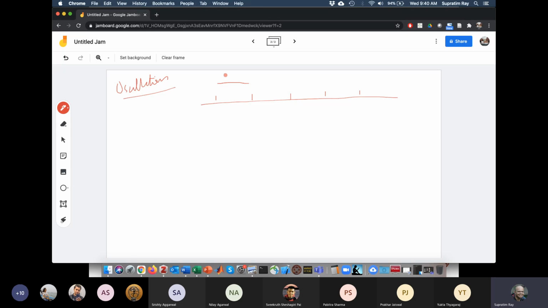So this is 25 milliseconds. What is the autocorrelation function going to look like? What do you guys think? We would have various spikes at the interval of 25 milliseconds.